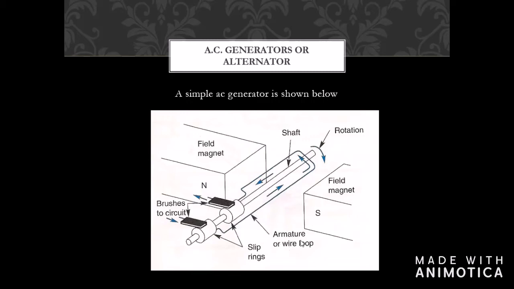The armature, or wire loop, is basically a coil of wire that is wrapped around the shaft. Now this coil of wire wrapped around the shaft is attached by slip rings, which, as you can see, one end of the coil loop is attached to one slip ring, the other end of the loop is attached to another slip ring.